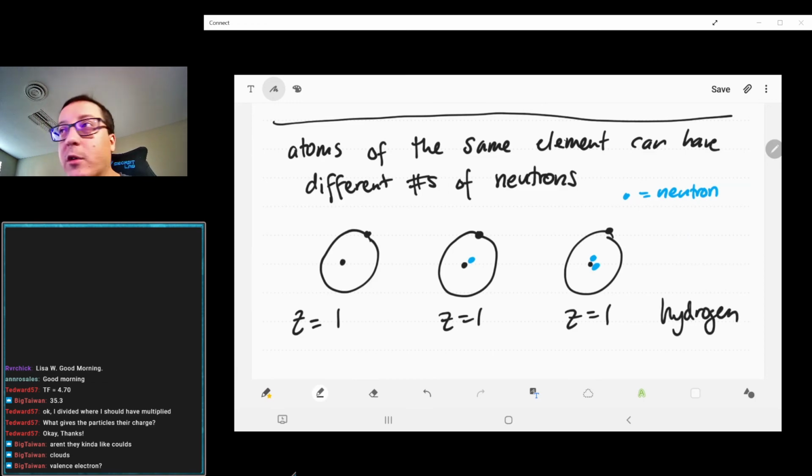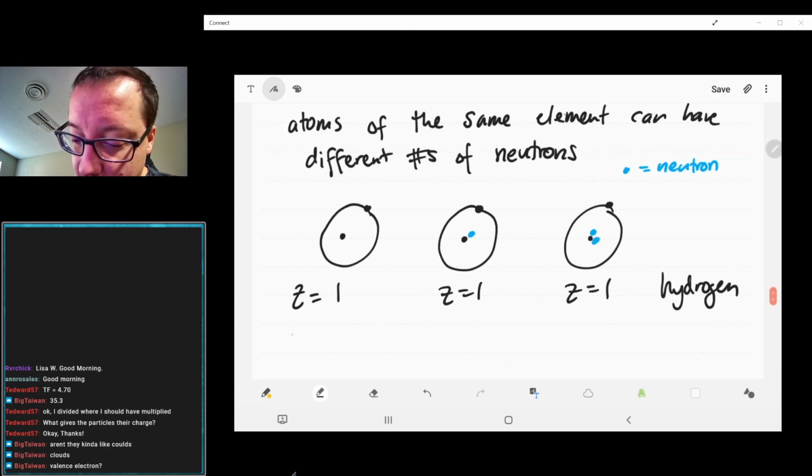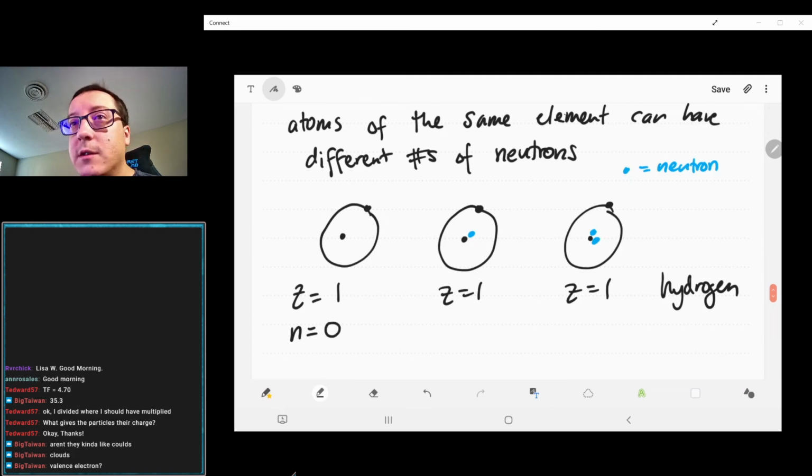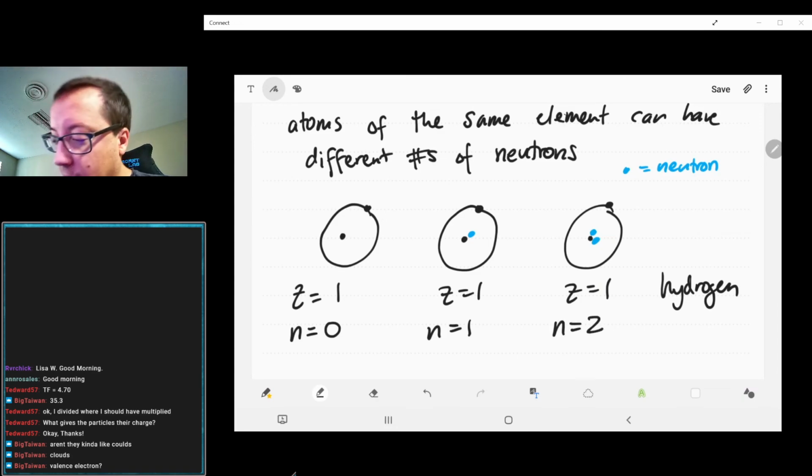They're all hydrogen atoms. In this case we have 0 neutrons. In this case we have 1 neutron. And in this case we have 2 neutrons.